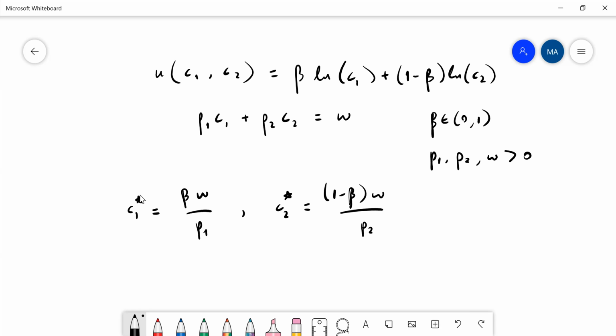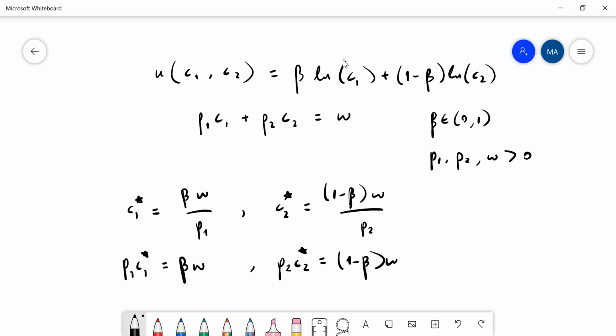So from this in the theory, you have the total amount of spending on good 1, which is beta W, and the total spending on good 2, which is 1 minus beta W.